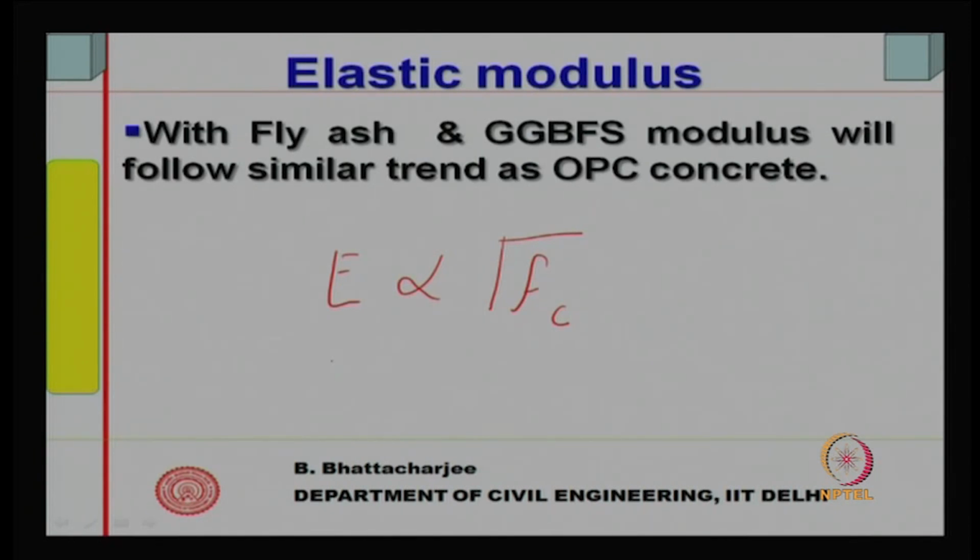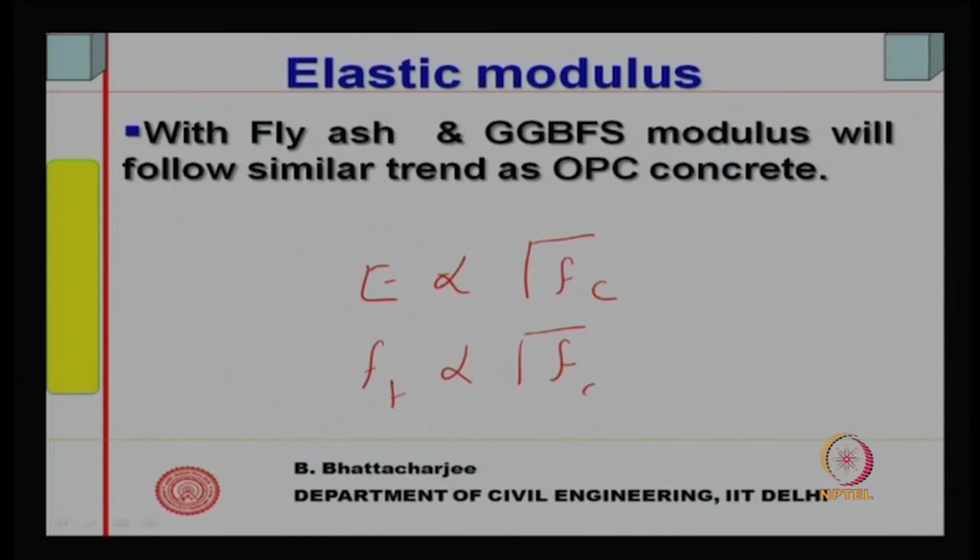Similarly, tensile strength sigma t, or Ft. So, E is proportional to under root Fc. Similarly, Ft is proportional to under root Fc. Most of the mechanical properties of concrete can be related to the compressive strength, right.